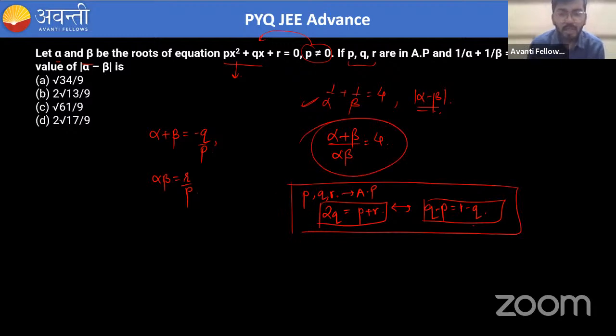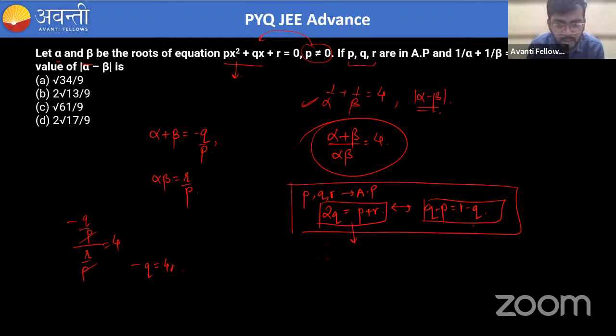So this is alpha plus beta upon alpha beta value is 4. So alpha plus beta is minus q by p upon r by p is equals to 4. So p p gets cancelled. You get the relation minus q is equals to 4r, right? So from this, one more thing you can calculate. If minus q is 4r, then I'll substitute it here in this thing.